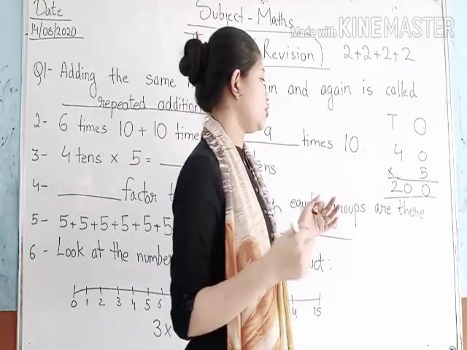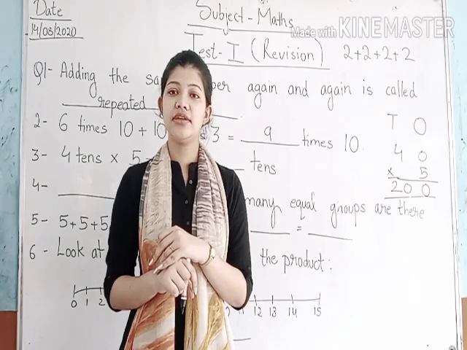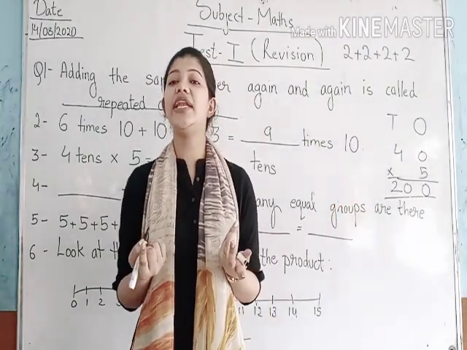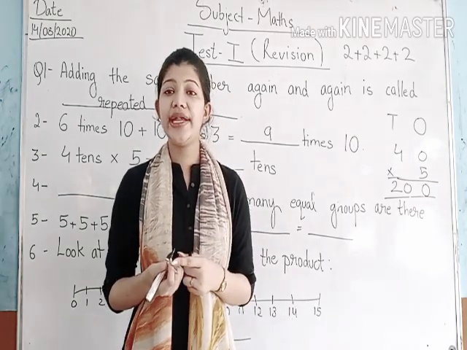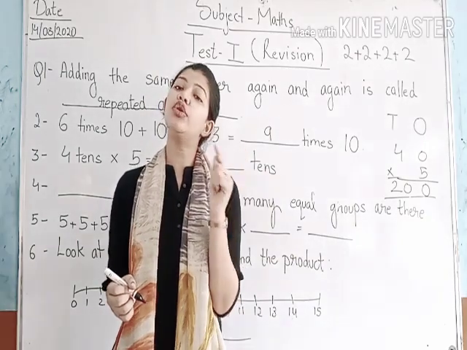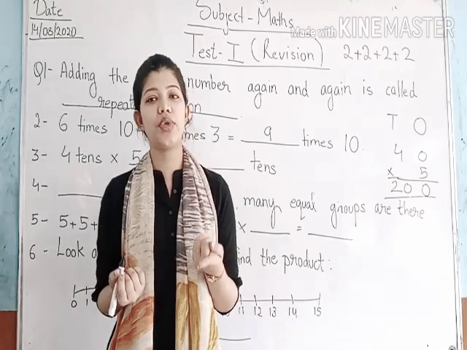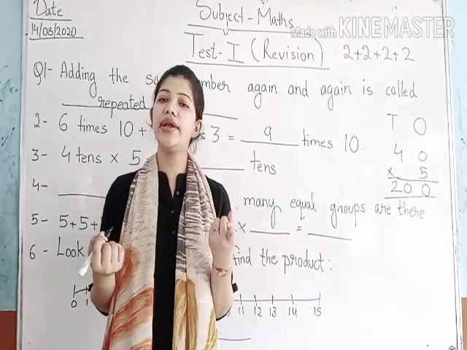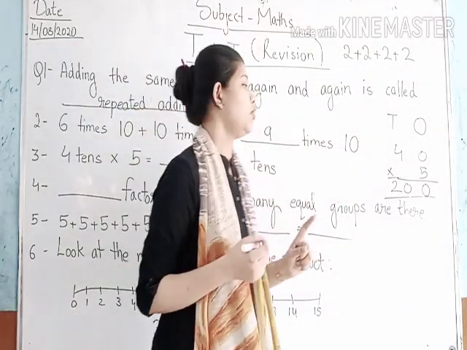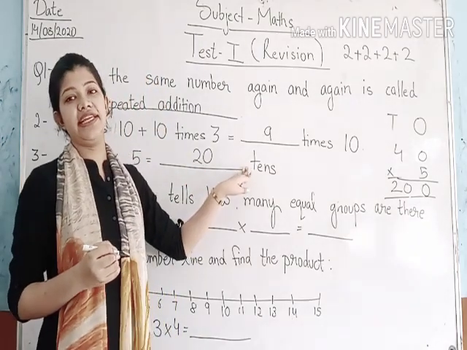Clear? Now tell me, 200 is equal to how many tens? 20 tens. Yes, 20 tens will be equal to 200. If I say 2 tens, it will be equal to 20, not 200. So 20 tens is equal to 200. It means the answer will be 20 tens.